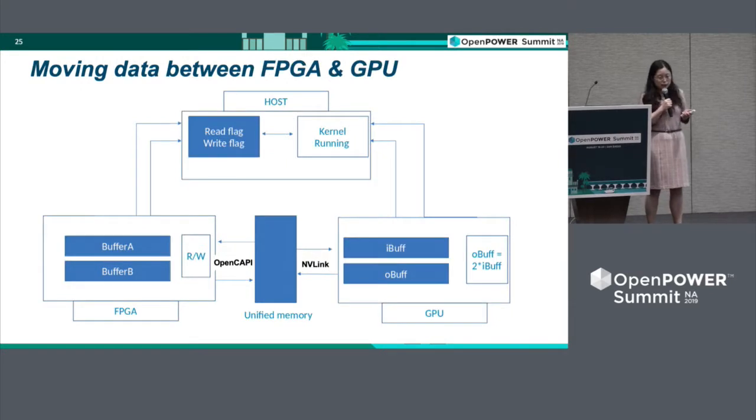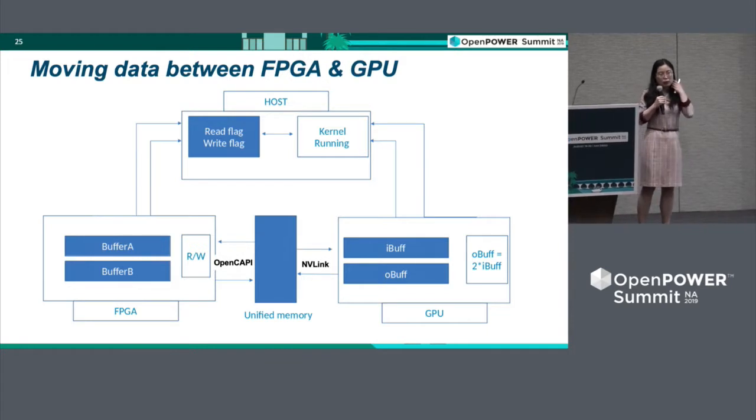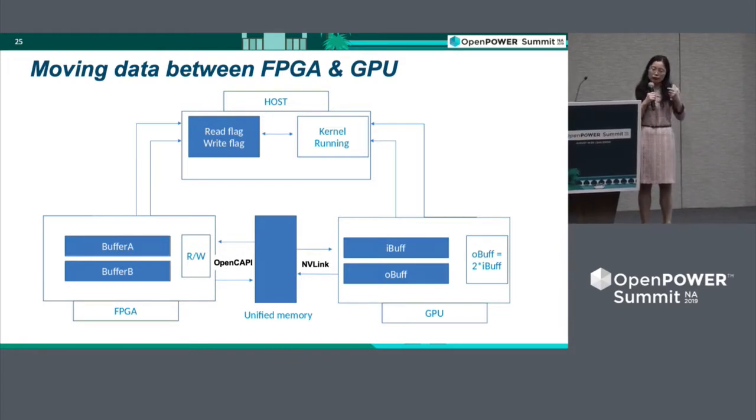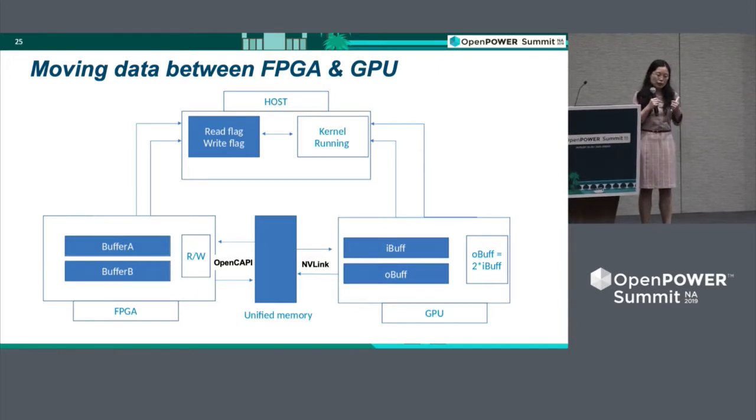Okay, and the first example is about moving data between GPU and FPGA. Everyone knows that Power 9 also has NVLink. Today we are using GPU to do a lot of fancy computation, but in some cases, the GPU also needs some pre-processing and post-processing, for example for video or for images.